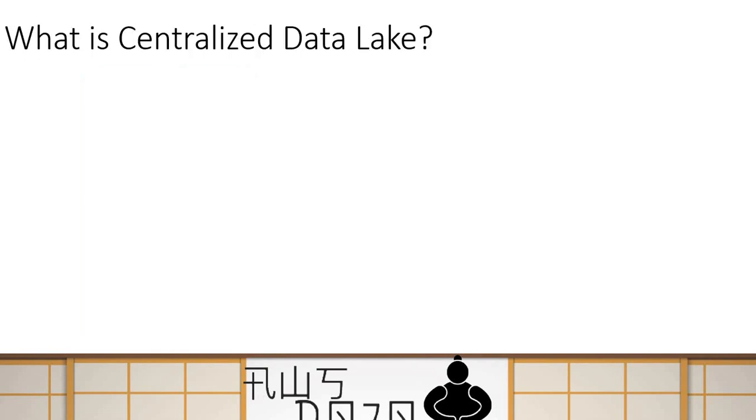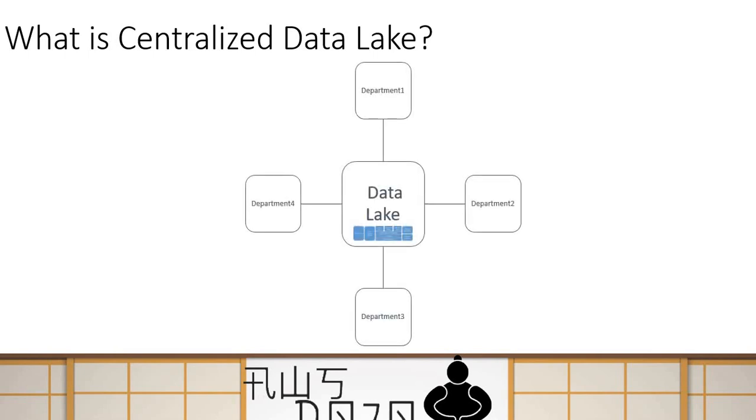So talking about a federated data lake, let's first see what a centralized data lake is. A centralized data lake, as the name suggests, is a single data lake which is used by all the users. So if you have a centralized data lake, then generally all the data users within the organization use this single data lake for their use cases, for their business needs.